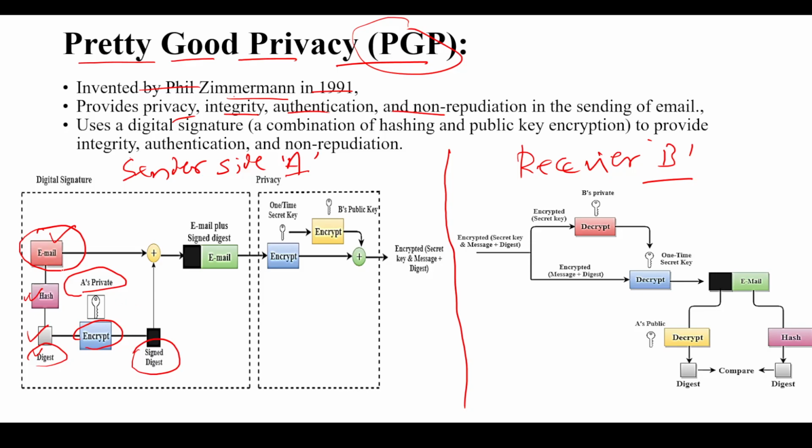Remember that on the original email we are applying the hash function, and through the hash function we are getting the digest value. That digest value we are encrypting through the sender's private key, and then we are getting the new signed digest. This digest along with the original email, the combination of these two, we are encrypting.